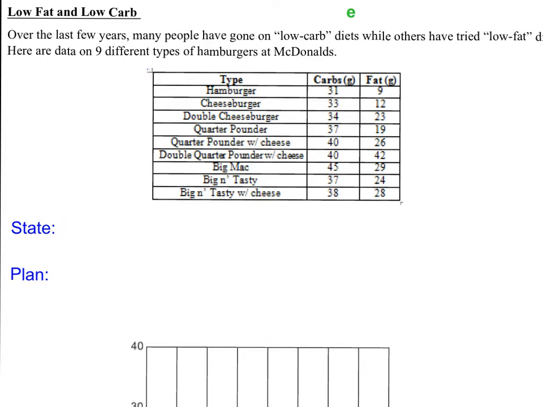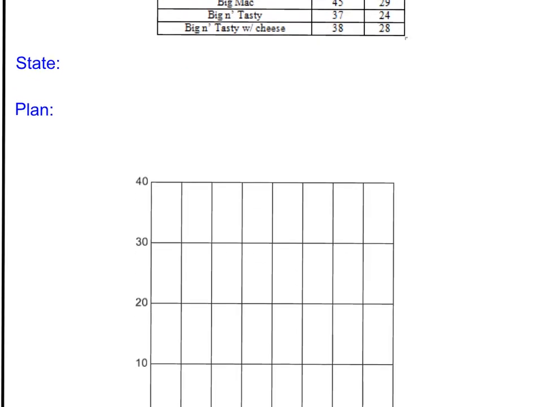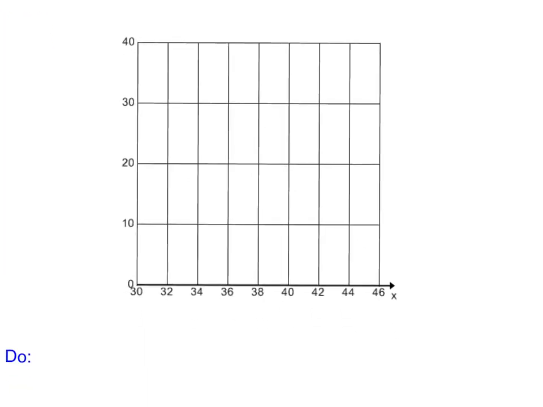We're going to say carbs is the explanatory and fat is the response. The plan step is where you say this is how we're going to do it. Well, we're going to make a scatter plot. It's pretty straightforward. We're going to take a look at the data through a scatter plot.